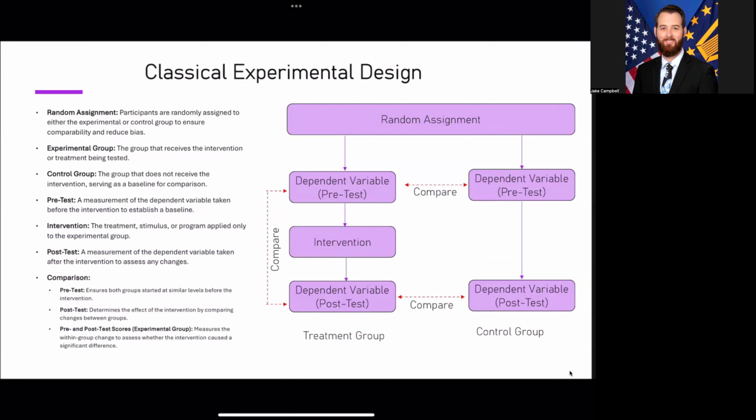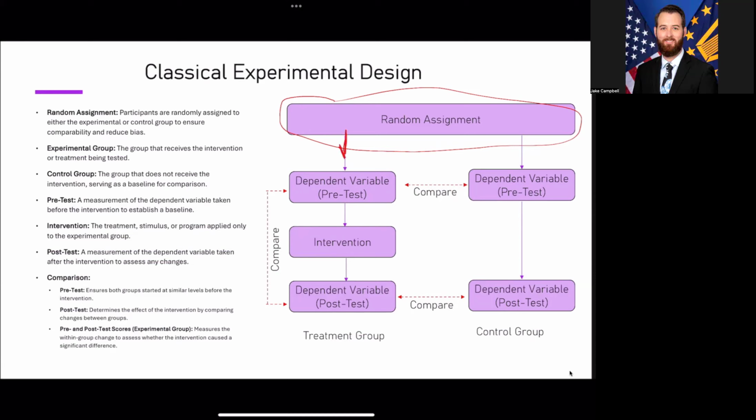So the classical experimental design has a number of different components. We've talked about these already, but this gives you a visual breakdown of what's going on here. The first is that we have a group of people, right? That group of people is reflected here by this initial purple oval, if you want to call it that. We start with random assignment, right?